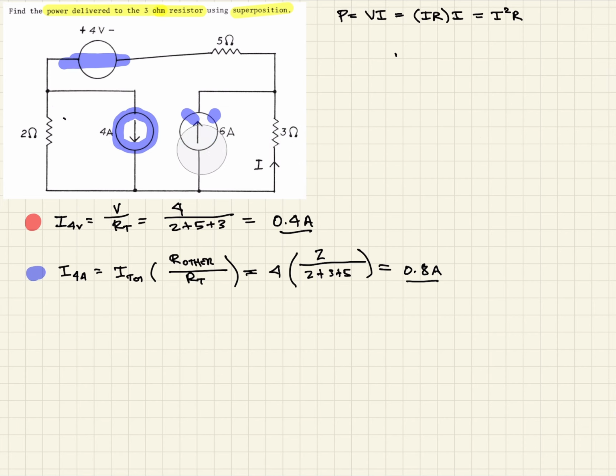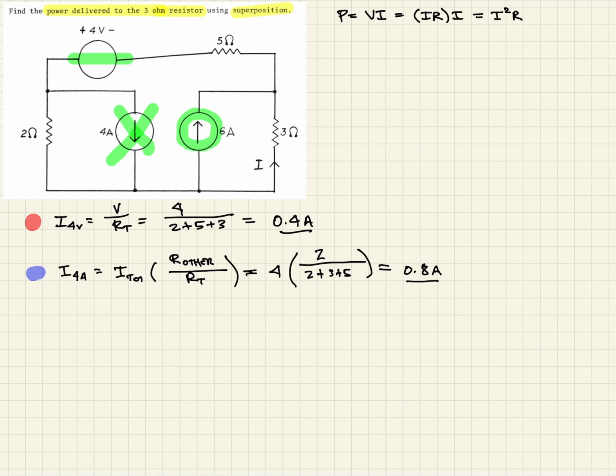So finally, we want to consider the 6 amp source, which is here. Again, the other current source is open circuited, and the voltage source is short circuited.